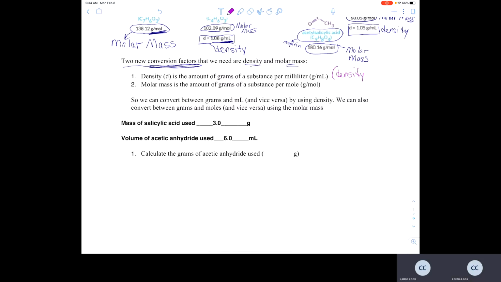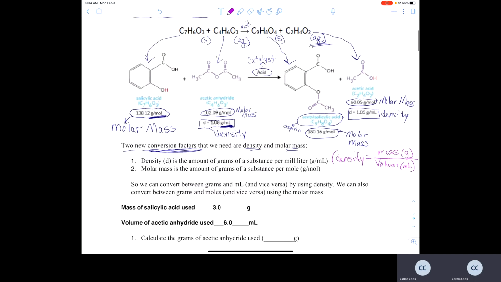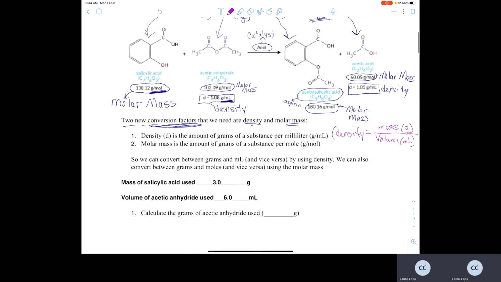So a general formula for density is mass divided by volume. Now you can see density in different reference materials online or in textbooks. Most of the time you'll see density represented in units of gram per milliliter, but sometimes you'll see it represented as grams per cubic centimeter.